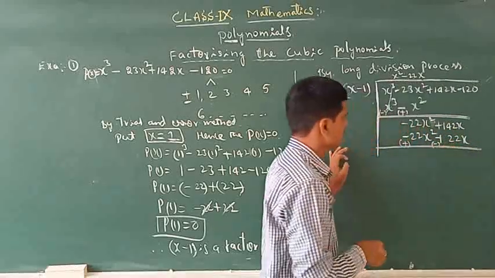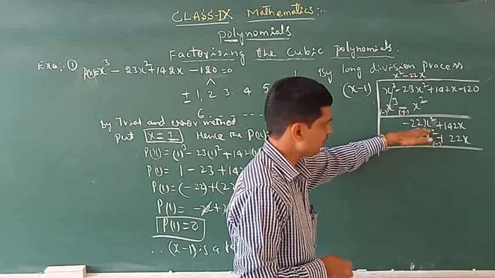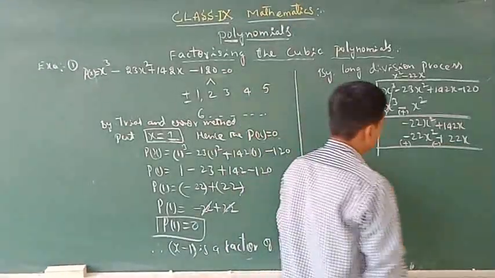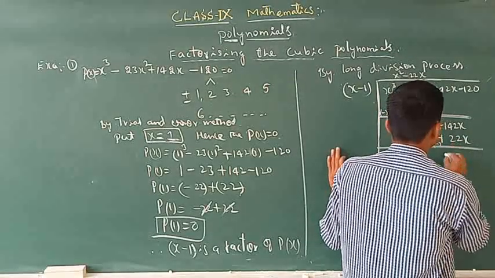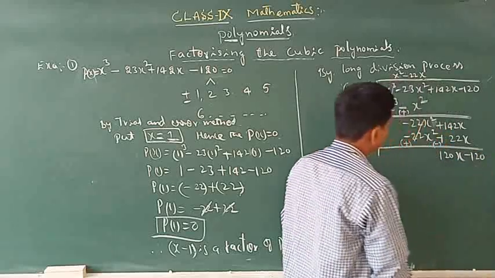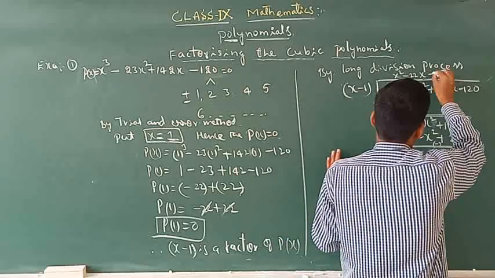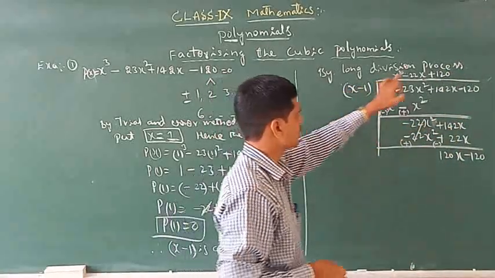On subtraction, this becomes the new dividend: 142 minus 22 means 120x, and minus 120. Now it is very easy, because we can divide by 120. You have to multiply this by 120.